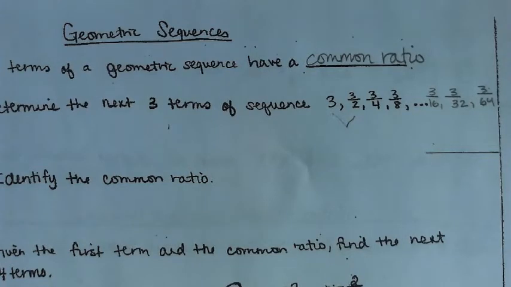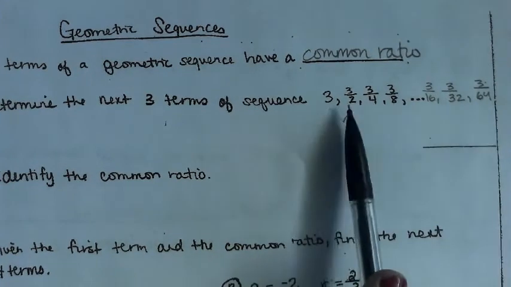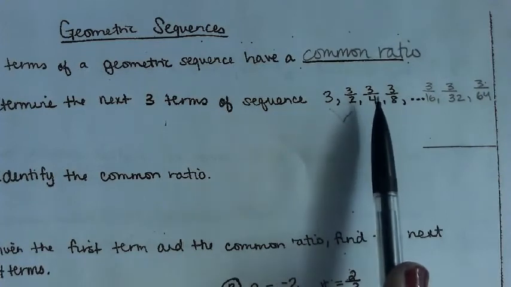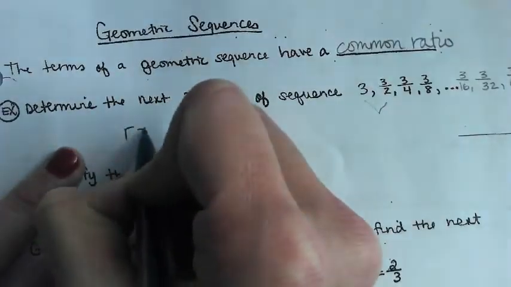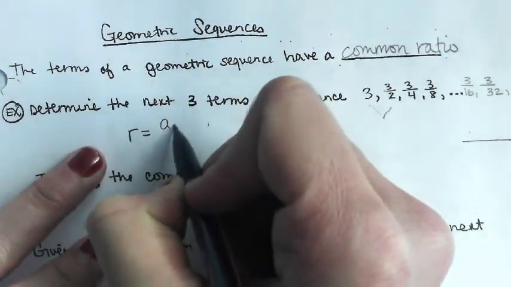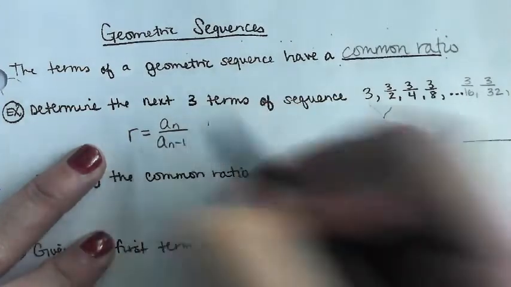What is the multiplier getting us from one term to another? What do you think, John? What are we multiplying by to get from here to here, and then again from here to here, and then again from here to here? A half. Yes. Now, that's great, John, that you could see that. If you can't see that, just remember, you can find your common ratio by taking any term and dividing it by the term before.